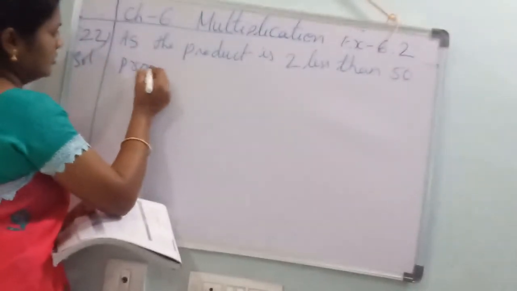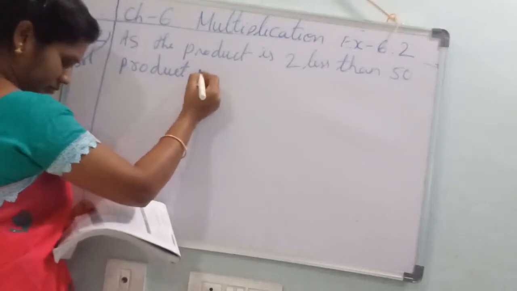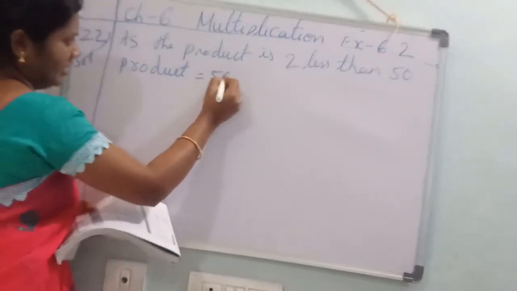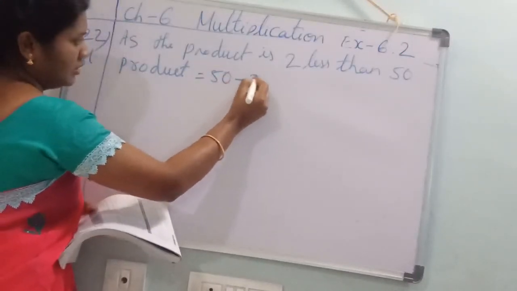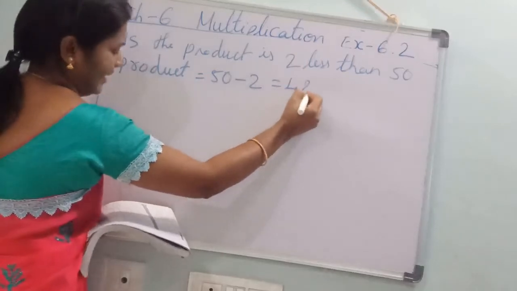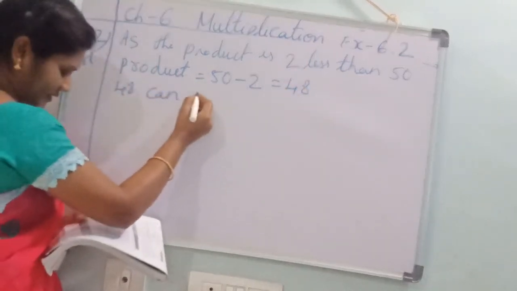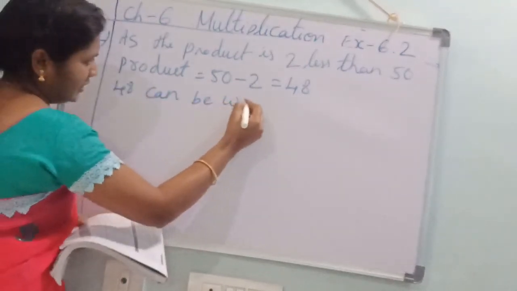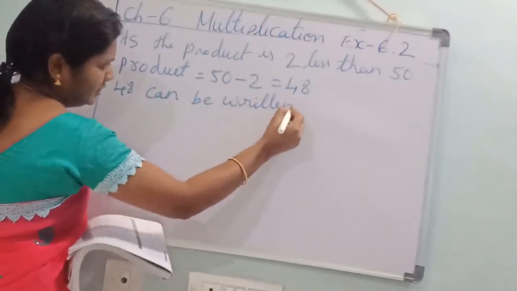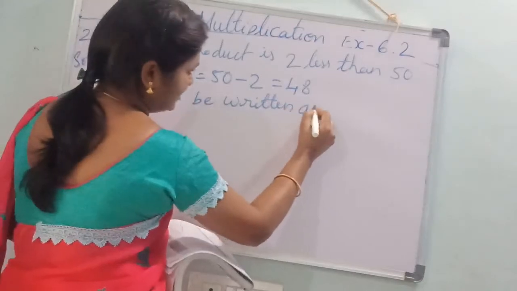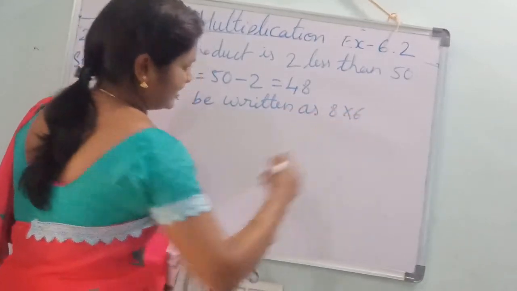product, 50 minus 2 is equal to 48. Yes, 48 can be written as 8 into 6.